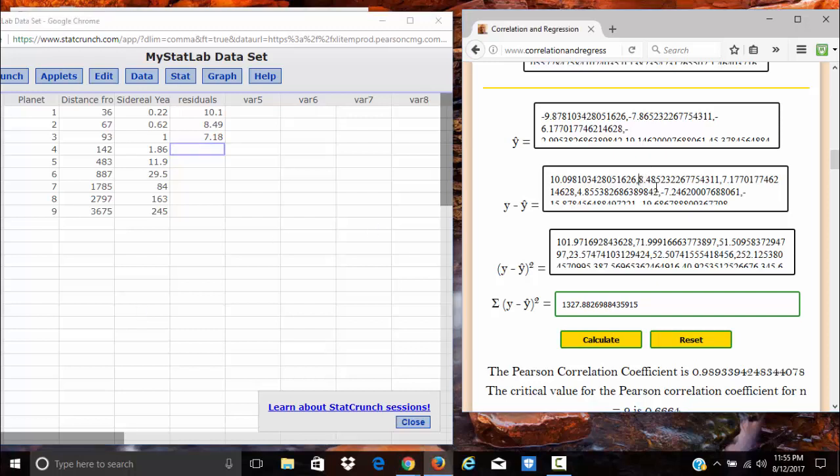So just be careful here because the commas indicate the end of one value and the next one begins after the comma.